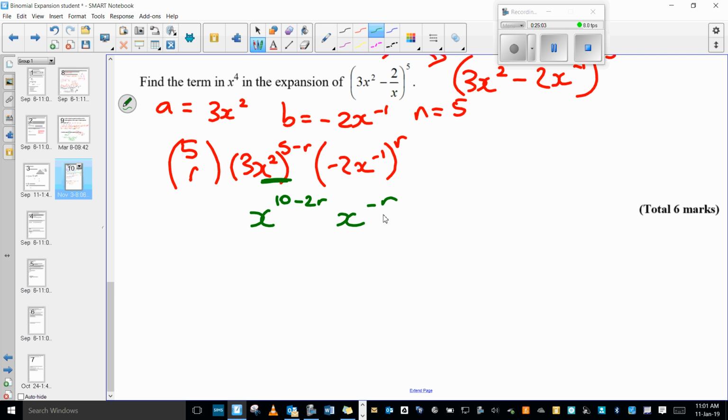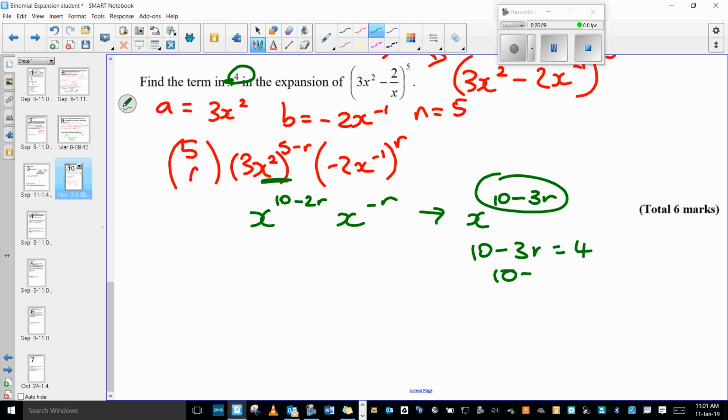So you've got 10 minus 2r, and then minus r, so that becomes x to the 10 minus 3r. And we need that value to be what? 4. So 10 minus 3r has to be 4. So 10 subtract 4 is 3r, so 3r is 6, and r is 2.